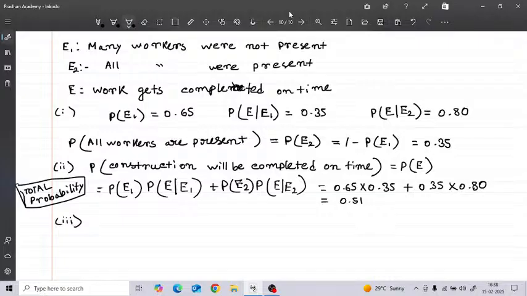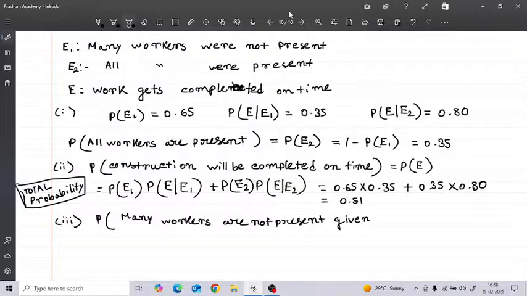Now question number 3. Question number 3 denotes the probability that many workers are not present, and it is given that construction or work is completed on time.